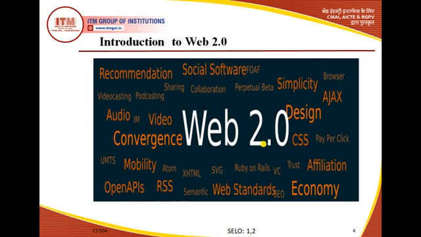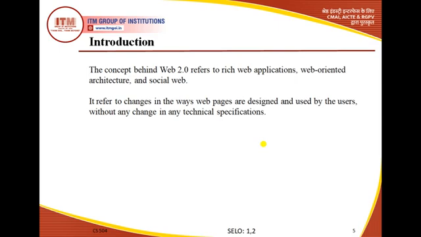This is just a pictorial representation of Web 2.0, where numerous technologies are being incorporated, and it covers all the different internet technologies. Now basically the concept which follows this Web 2.0 technology is rich web applications. Means the web applications which are created in Web 2.0 are quite rich. They are web oriented architecture, rather, and social web, semantic web.